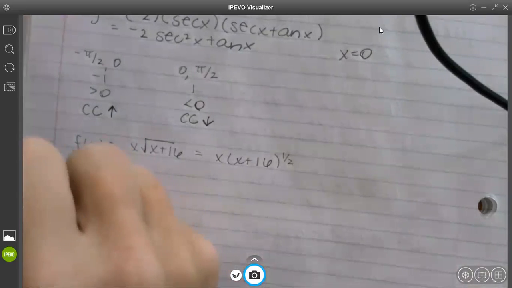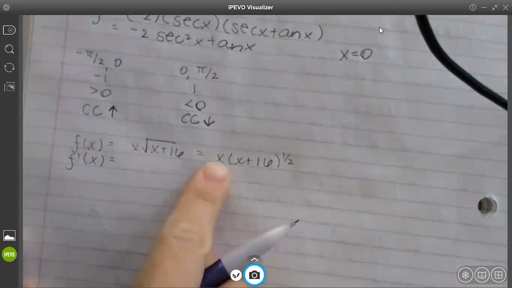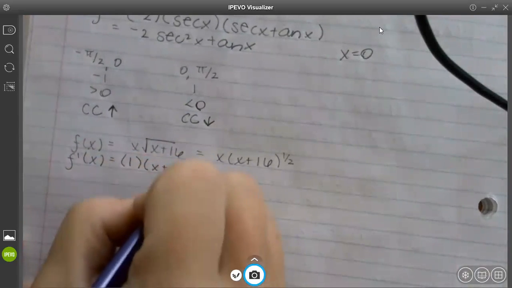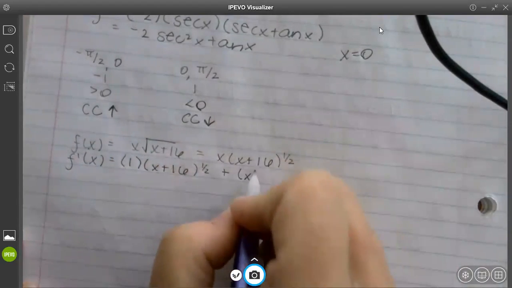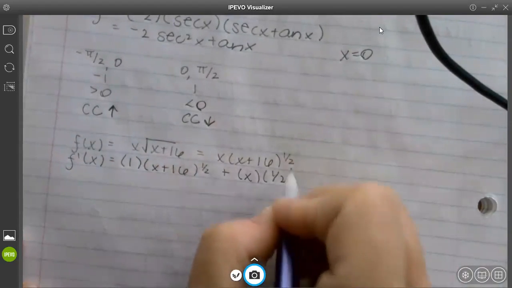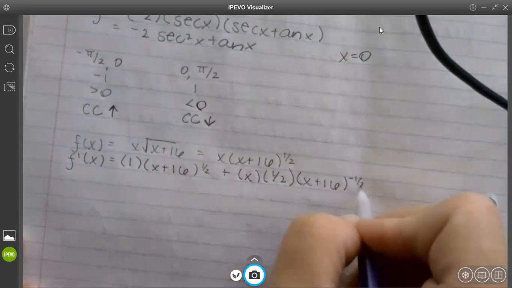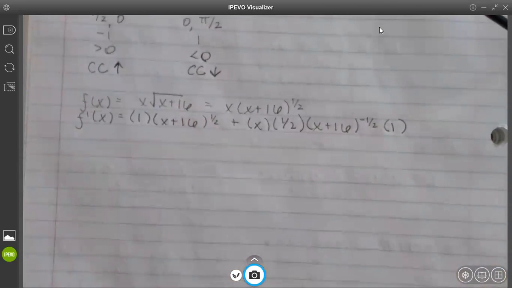Product rule. So f prime of x equals derivative of the first, 1, times x plus 16 to the 1/2, plus the first times the derivative of the second one. And the inside is 1, so we don't have to put that, but I wanted to put it on there just so you remember.